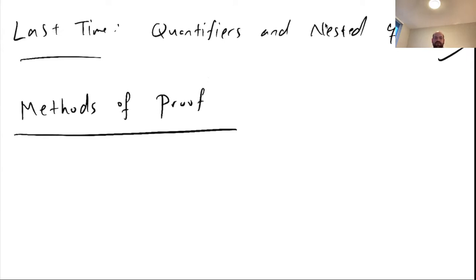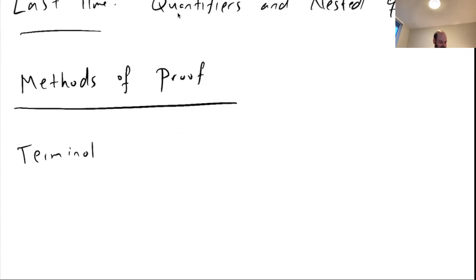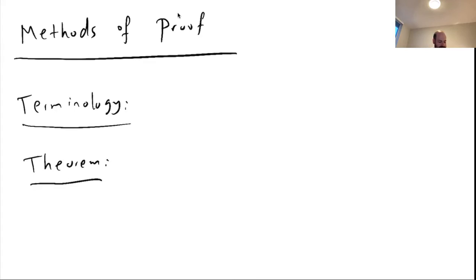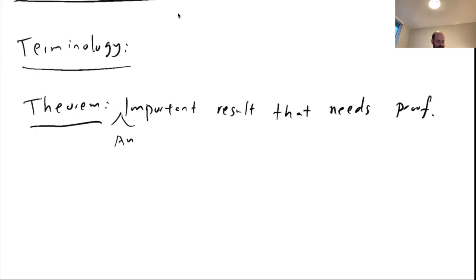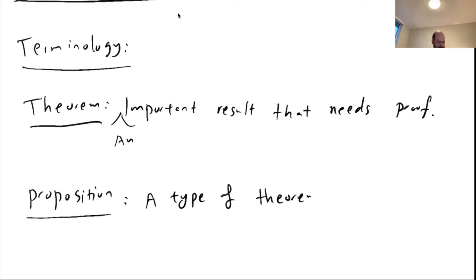So before getting into that, first let me introduce some basic terminology. Theorems are basically important results that need proof. A proposition is a type of theorem that is less important compared to a theorem.